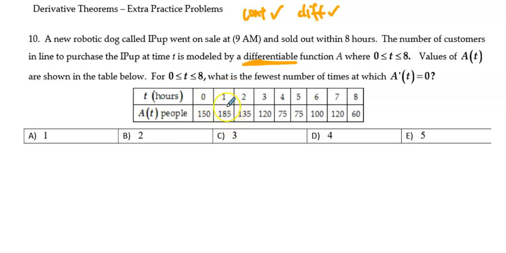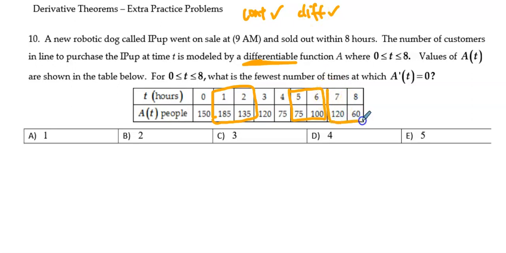So I know that on the interval from 1 to 2 my function has started to decrease. And then from 2 to 3 we're still decreasing. From 3 to 4 we're still decreasing. 4 to 5 we're constant. From 5 to 6 we're starting to increase.